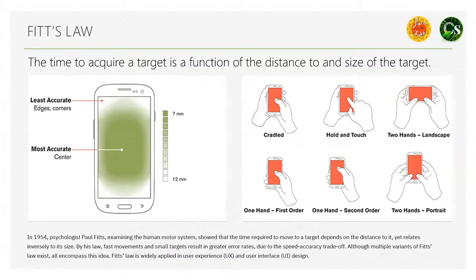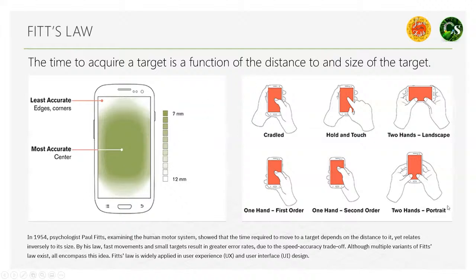You should keep your most important buttons in this area of your mobile device so that they are more accurate to click. And it is also the minimum distance from the base of the mobile.